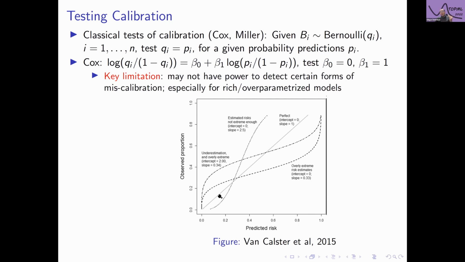And certainly the example that we saw at the beginning with the neural net may not necessarily fit this pattern. So what that means is, if we're restricting ourselves to these parametric models, we may not be able to detect easily certain types of miscalibration.